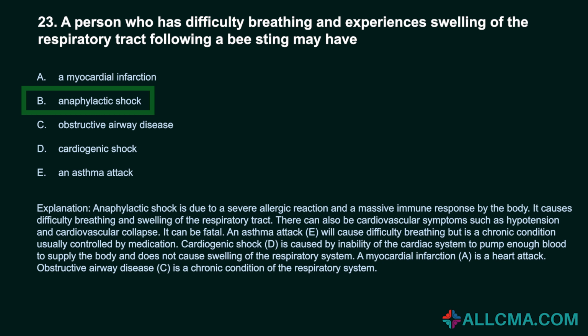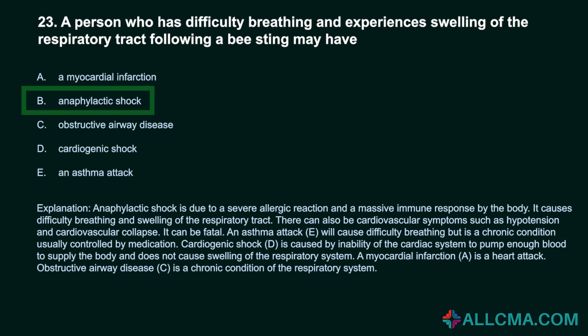Anaphylactic shock is due to a severe allergic reaction and a massive immune response by the body. It causes difficulty breathing and swelling of the respiratory tract. There can also be cardiovascular symptoms such as hypotension and cardiovascular collapse. It can be fatal. An asthma attack, E, will cause difficulty breathing but is a chronic condition usually controlled by medication.